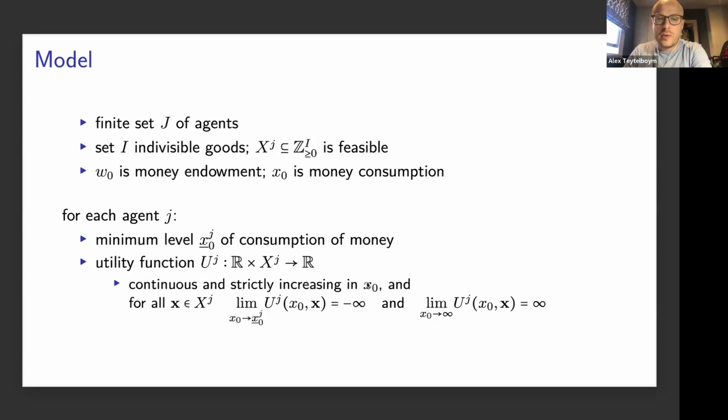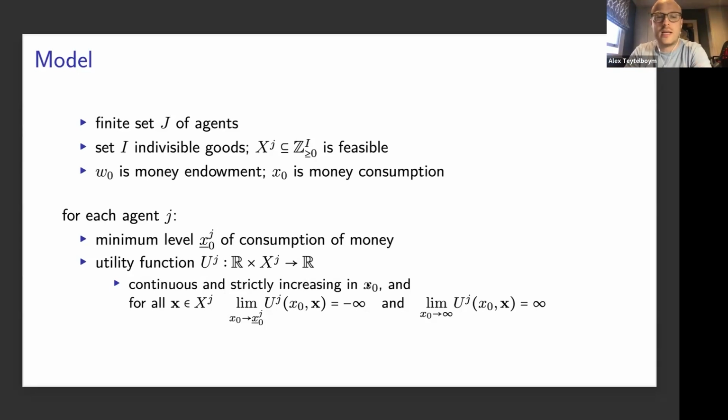But what I will do in the next assumption that's stated here is that I will rule out the fact that you can hit that budget constraint and actually run out of money completely. So our utility function is now going to be more general. It will take as an input some amount of money and some feasible consumption bundle and spit out a number, just like in Ravi's case. But I'll make the following assumptions about money.